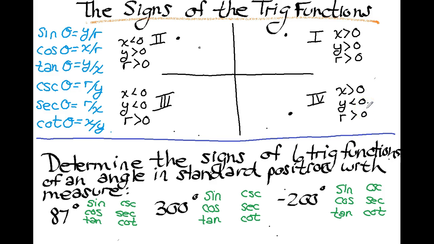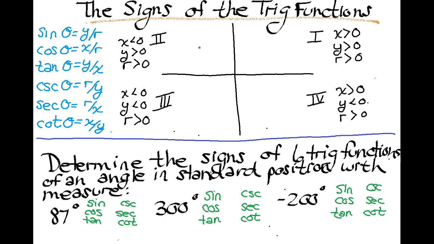So let's define which functions are positive in each of these quadrants, and all the other functions we'll just know are negative. If we can memorize which functions are positive in each quadrant, we should be good, because the remaining functions will be negative.